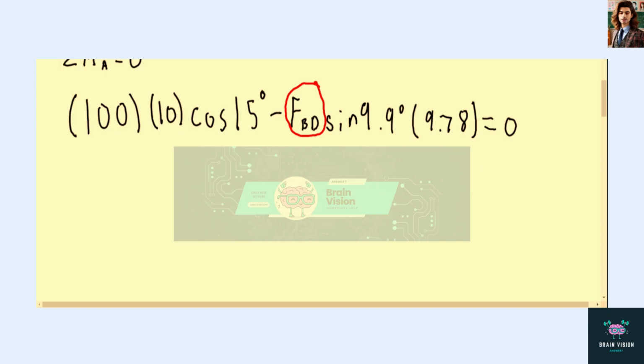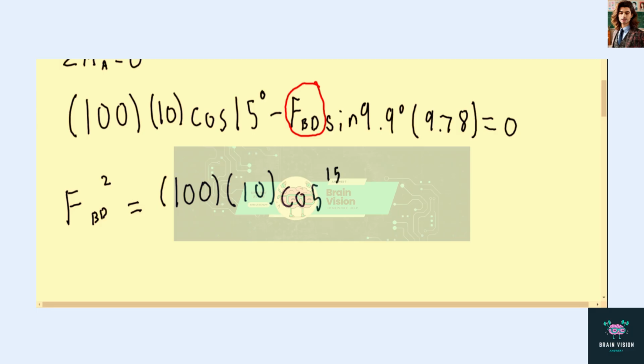Rewriting this, we get F of BD is equal to 100 times 10 times the cosine of 15 degrees, divided by 9.78 times the sine of 9.9 degrees.